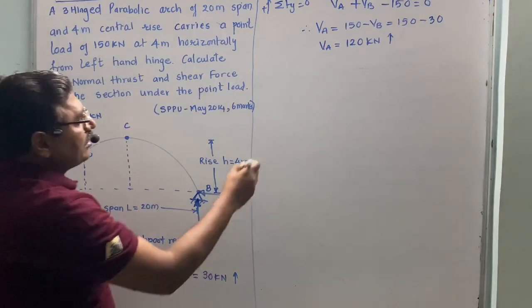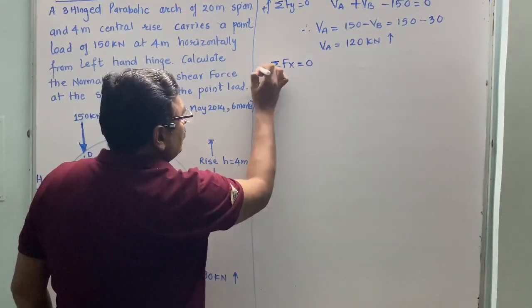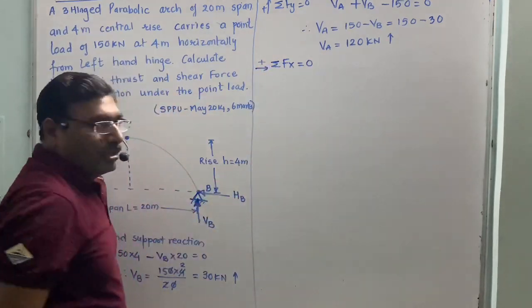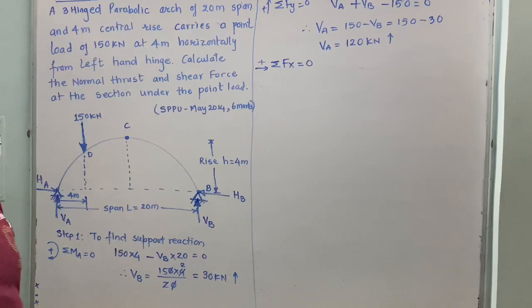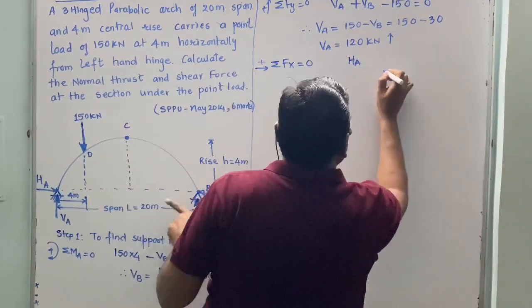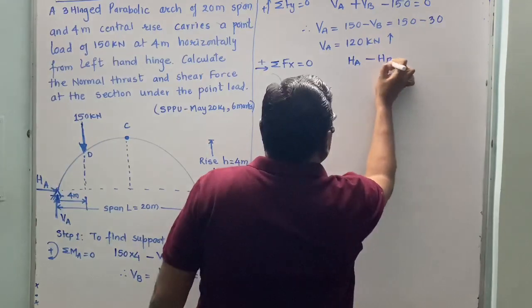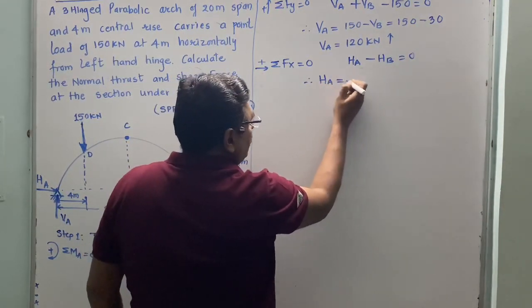Now we apply the third condition of equilibrium, summation of Fx equal to 0. Here HA is rightward and HB is leftward. So rightward positive HA and leftward minus HB is equal to 0, and hence HA is equal to HB.